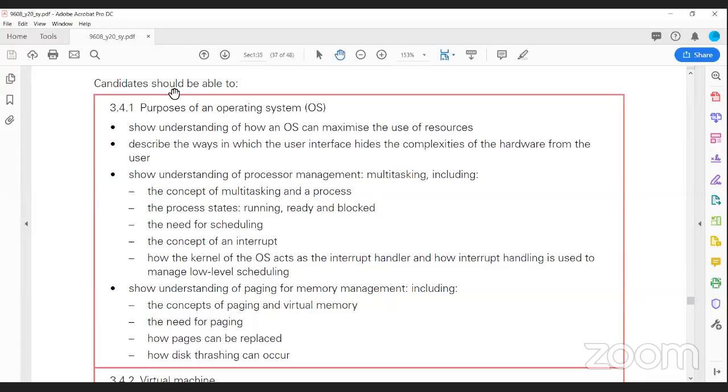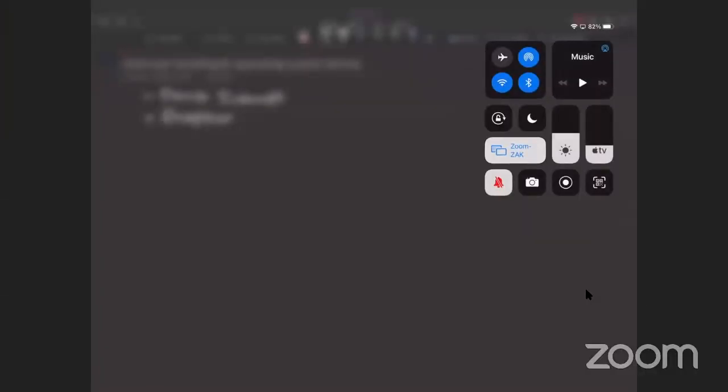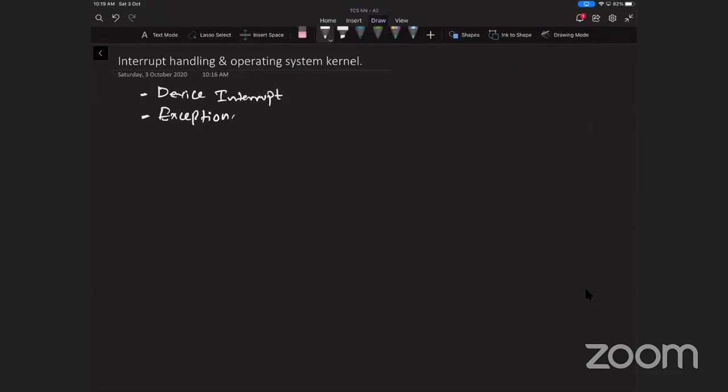And then the second one is exception. Exceptions are, for example, instruction faults such as division by zero, unidentified opcode, stack fault, and any of those faults which basically make the program break.